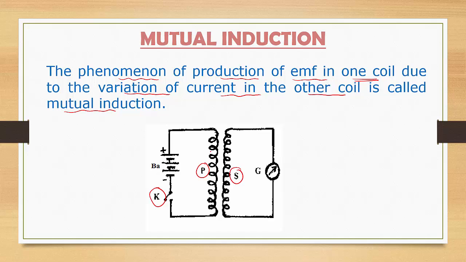Similarly, the second point: the induced current in the secondary coil generates magnetic flux. Whatever current is induced in the secondary coil, this current also generates magnetic flux. This magnetic flux induces EMF in the primary coil. The current in the secondary coil is surrounded by one more magnetic flux, which is also in contact with the primary coil.